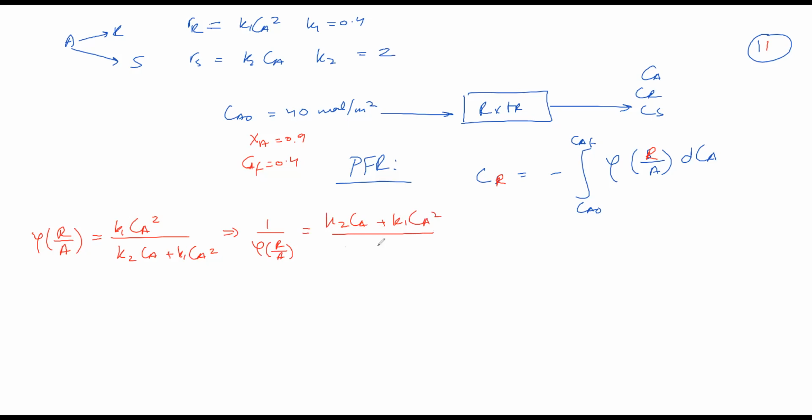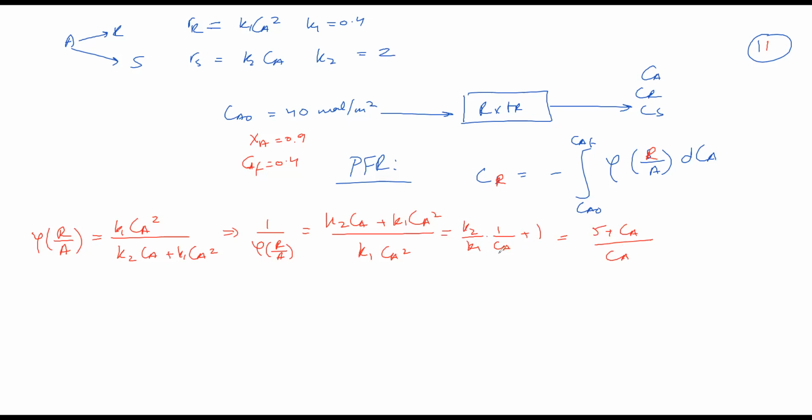K2 CA plus K1 CA squared divided by K1 CA squared. If I split this fraction, I'm going to get K2 over K1 multiplied by 1 over CA, plus 1. So K2 is 2, K1 is 0.4, so K2 over K1 is 5.